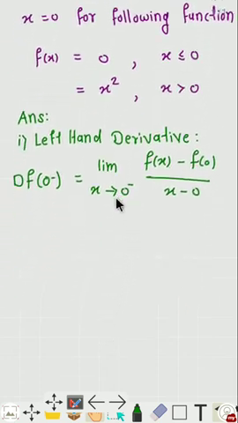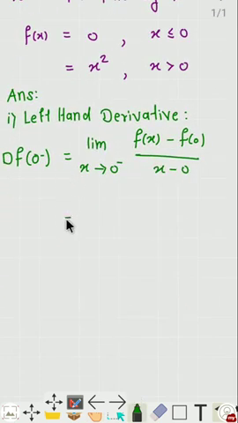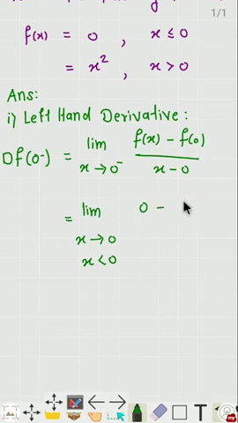Let us put the values now. It is equal to limit, obviously now we are considering x approaching 0 from the left hand side. So the value of f of x when x is less than 0 is 0, minus f of 0 which is again 0, whole divided by x minus 0, so the whole limit will be 0.